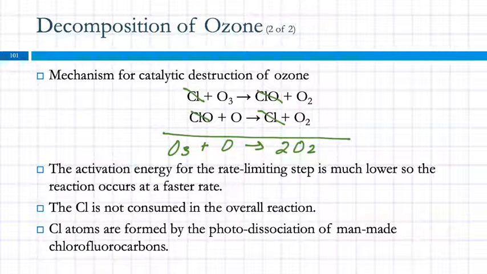It's destroyed or affected in some way and then recreated. And so that's how you can tell what's a catalyst and what is a reaction intermediate. So the activation energy for the rate limiting step in this one is much lower, and so the reaction occurs faster. The chlorine's not consumed.